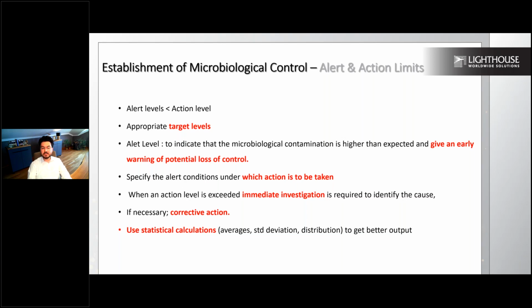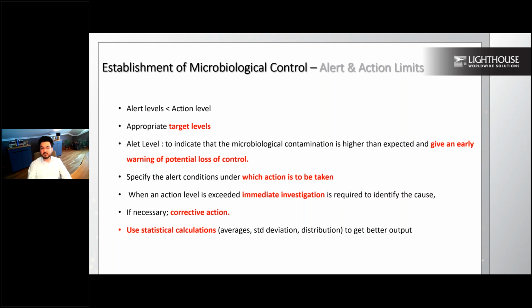When an action level is exceeded, immediate investigation is required to identify the cause, and if necessary, you have to take corrective actions. But taking it into consideration, one-time exceeding of this action level may not give any indication. That's why you have to use statistical calculations as well as trending, which will come later on.